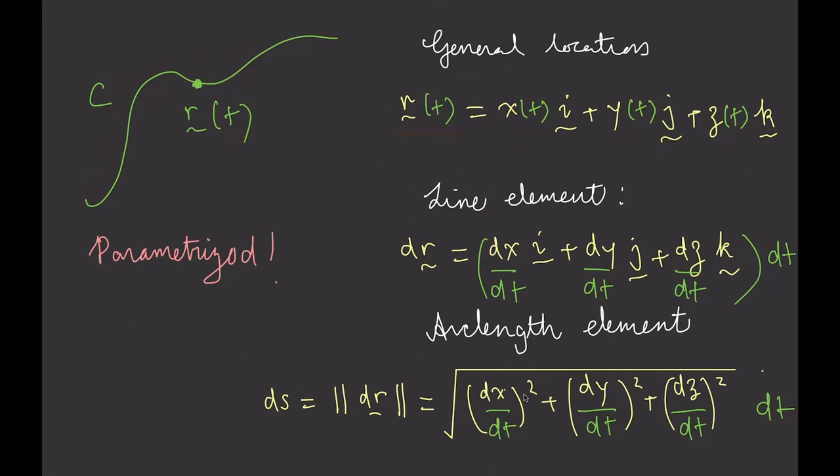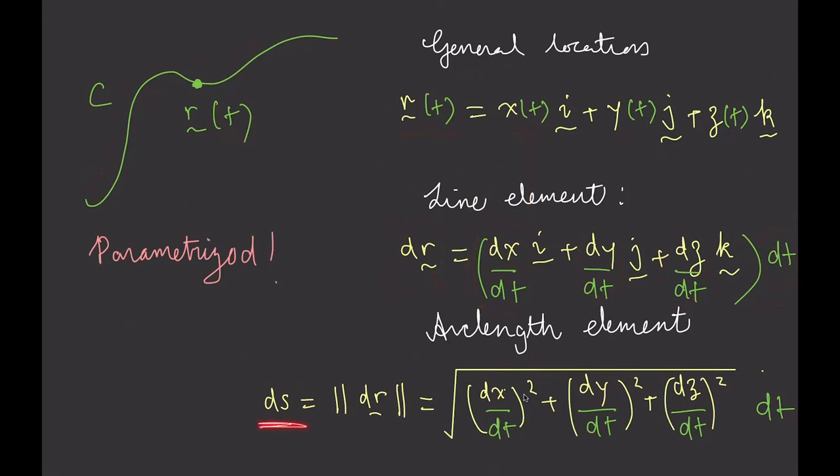Your line element, which was the part in yellow in this expression, you convert into something with respect to t by dividing by dt and multiplying by dt outside. So your dr is equal to dx by dt, and so on. You just need to take the derivative of each term, so you can express your dr purely in terms of t and dt.